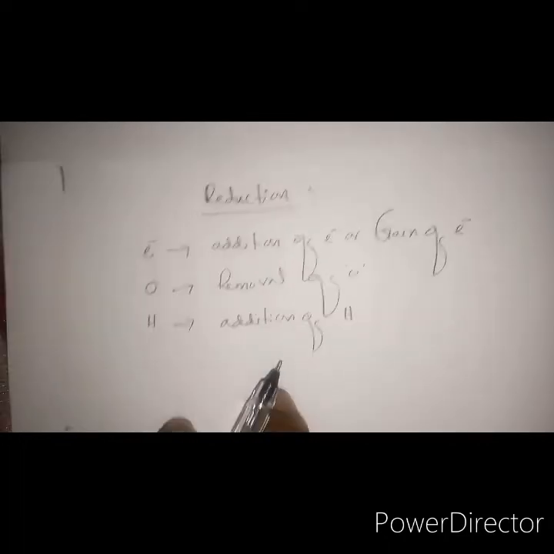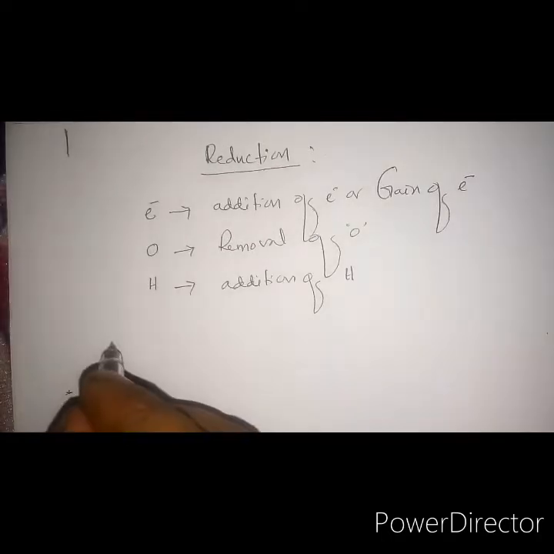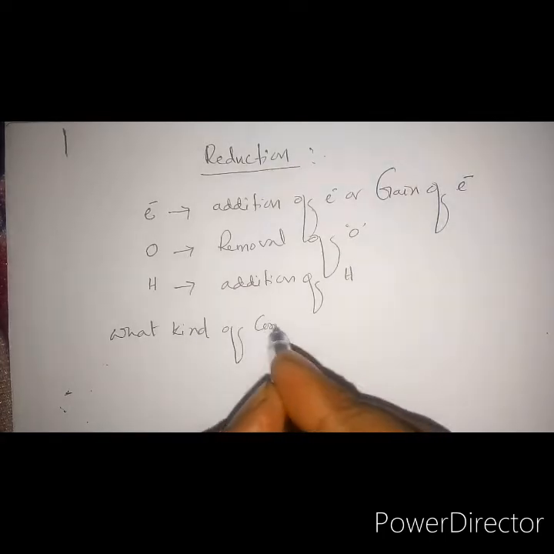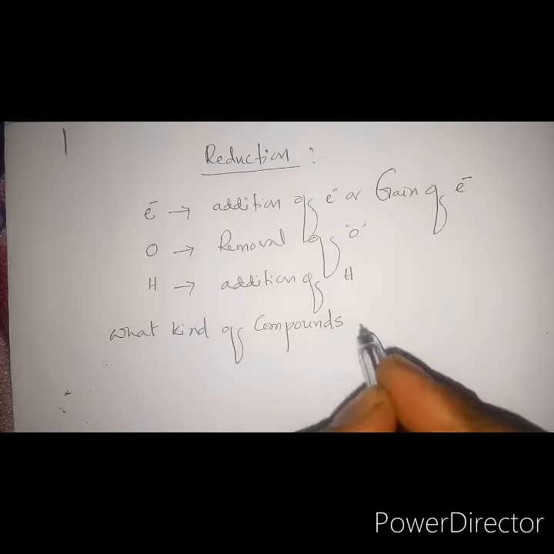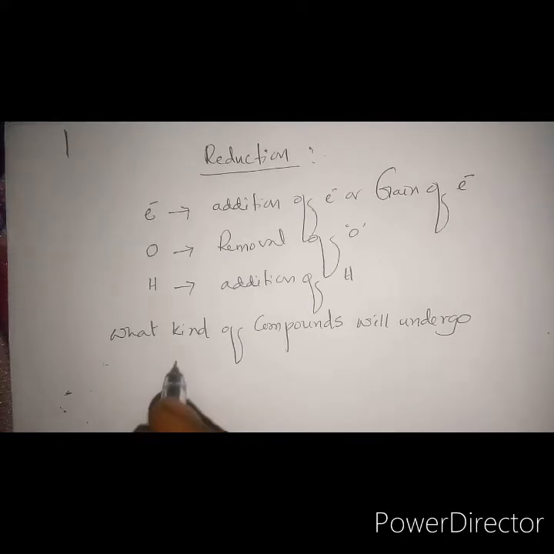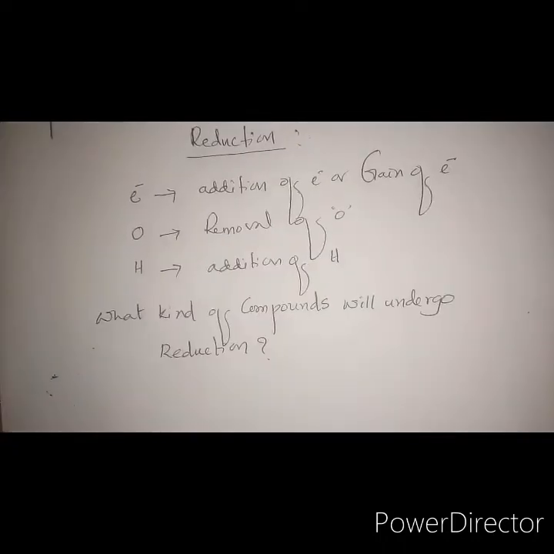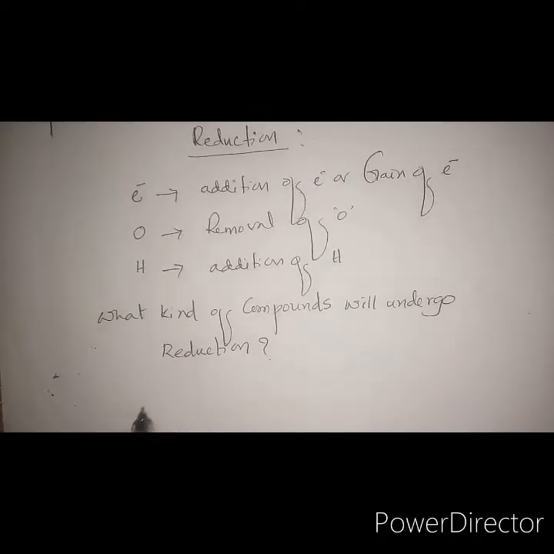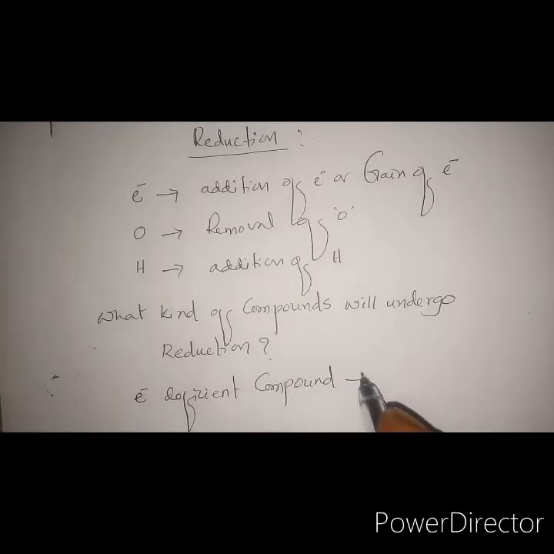Now, what kind of compounds will undergo reduction reactions? We already stated that reduction is an addition of electrons or a gain of electrons. So the compound should be electron deficient; an electron deficient compound is likely to undergo reduction.